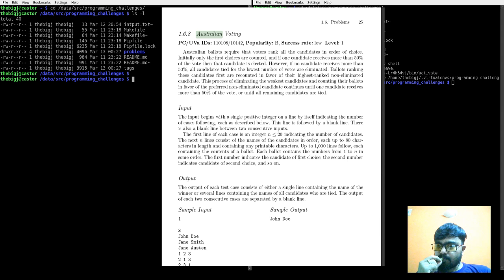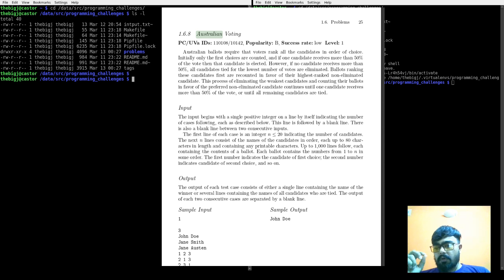Right. So the first number indicates the candidate of first choice.